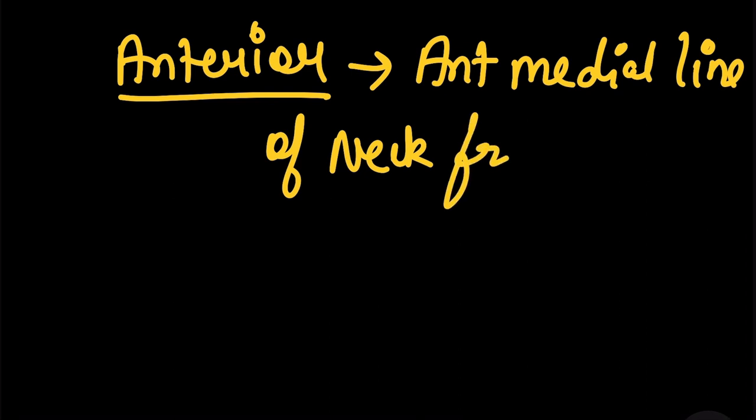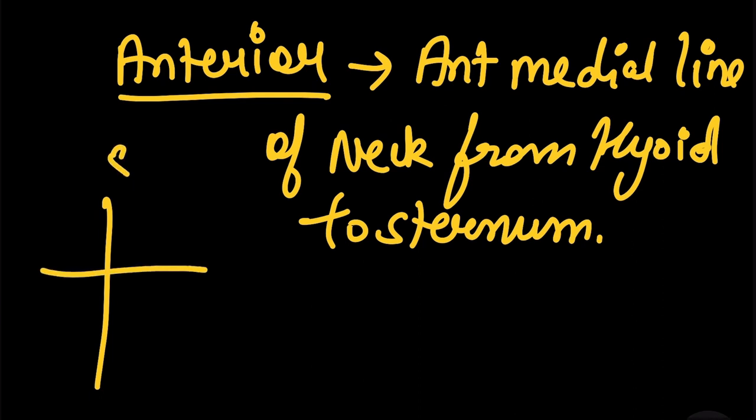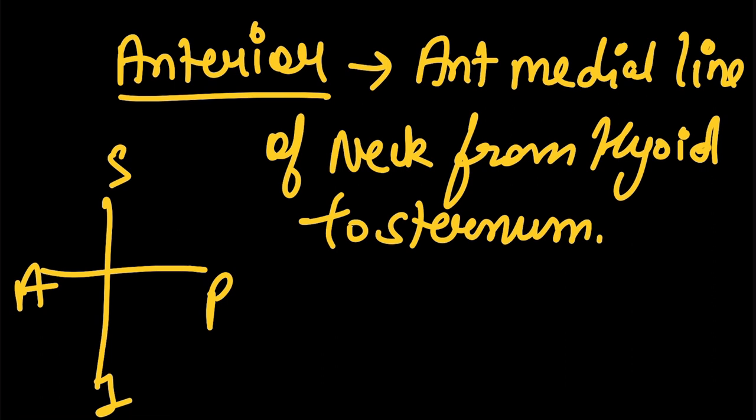From where? From hyoid, that is a bone, to sternum. So first part is clear over here only, that this is superior, inferior, anterior, posterior. In the anterior part, which thing we need to put? We need to put first hyoid and sternum.